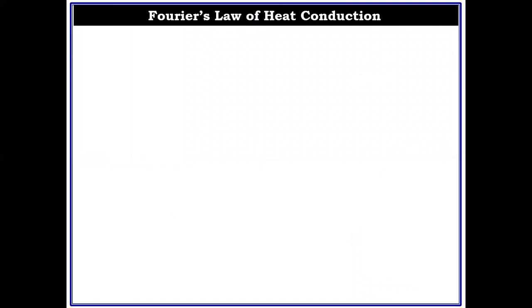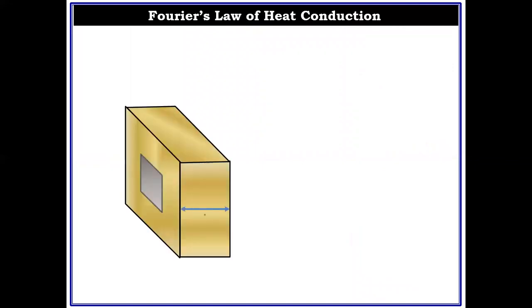Now, Fourier's law of heat conduction. Suppose we are considering one slab having a thickness dx, and this slab is masked all over. Only the center portion of this metal slab is open for heat transfer.